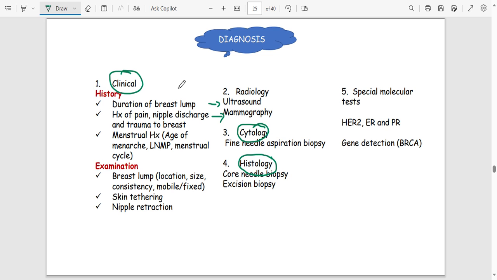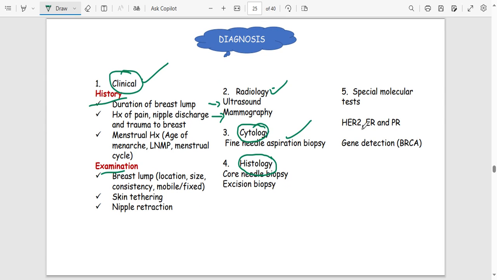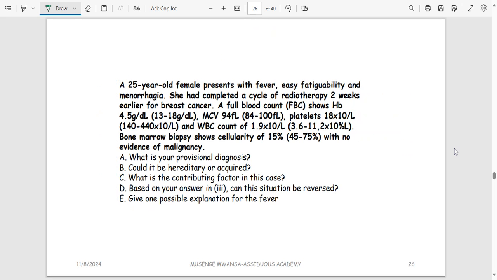The triple test is this: biopsy, specifically fine needle; the clinical part, where you've got history and physical exam; and then ultrasound or mammography. You can also use special stains, like special molecular tests, to see if you have HER2, ER, or PR, or you can detect the BRCA gene.